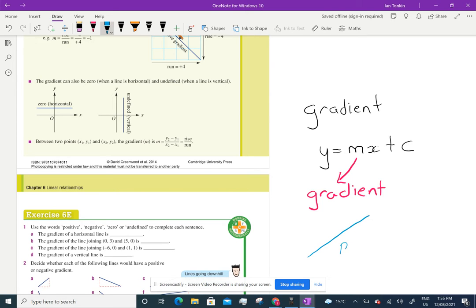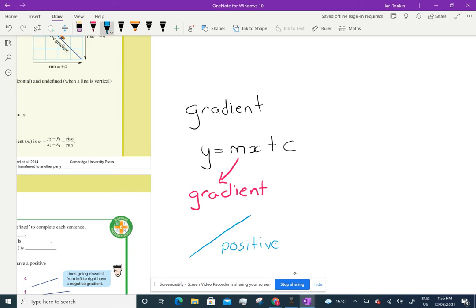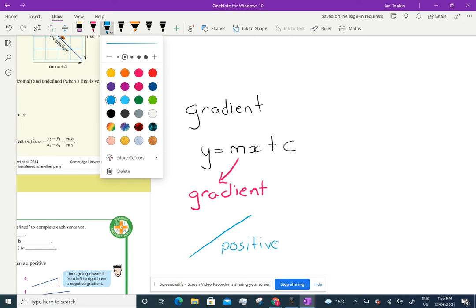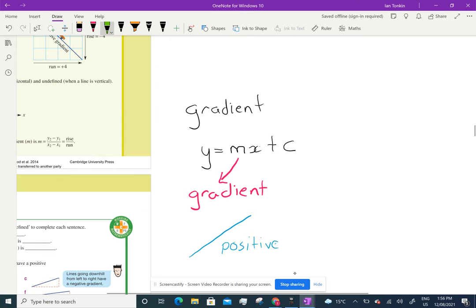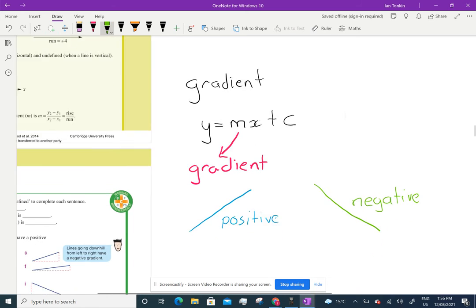Now, if a line is going up, it has a positive gradient. Remember, positive and negative just tell us direction. If a gradient is going down, it has a negative gradient.